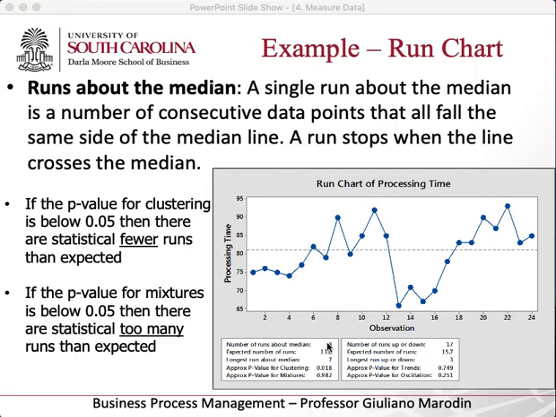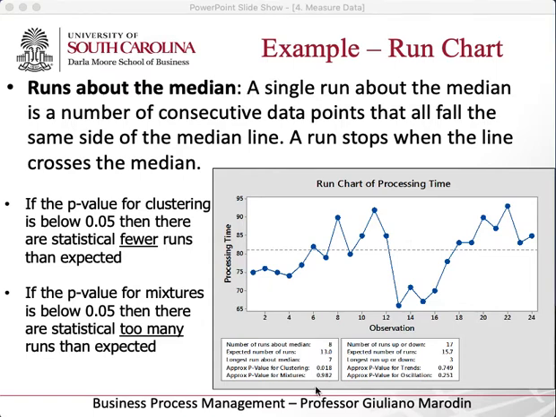We expected 13 and got 8, and this difference is statistically significant because it's less than 0.05. It's 0.018, so you can say that there is an impact of the observation sequence on the processing time.